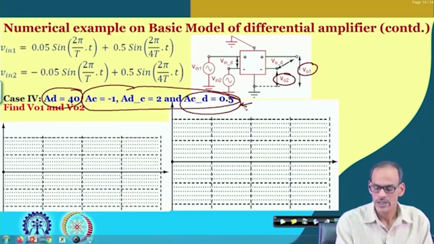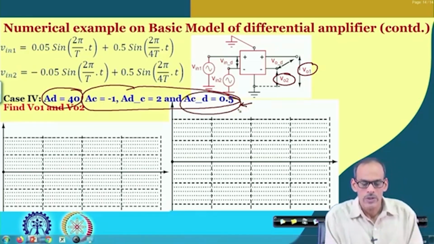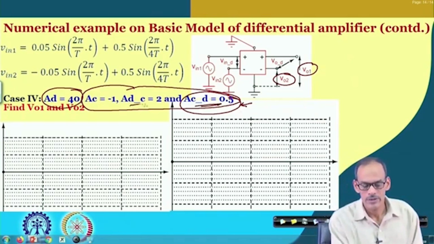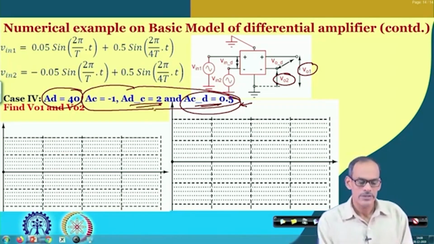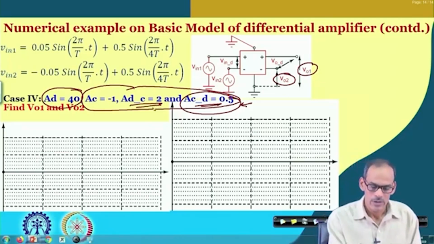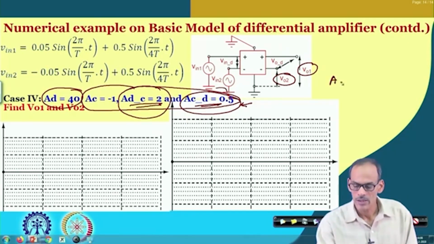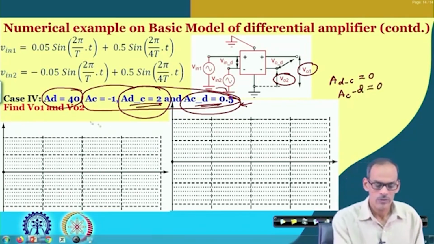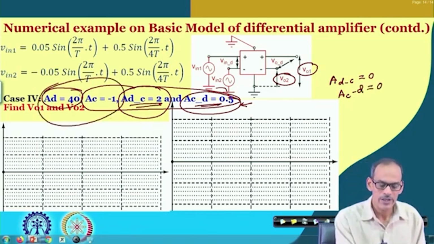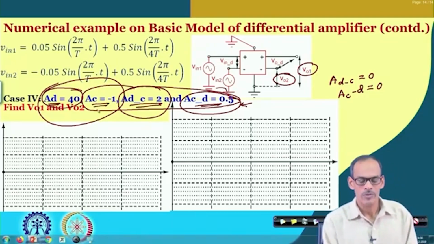So, that really creates the problem. So, practically even though they are non-zero, in the course of discussion in this subject we will assume that these two parts, this part and this part, are absent. We consider ADC equals 0 and ACD is also 0, and we will try to characterize the circuit by considering the differential gain and common mode to common mode gain.